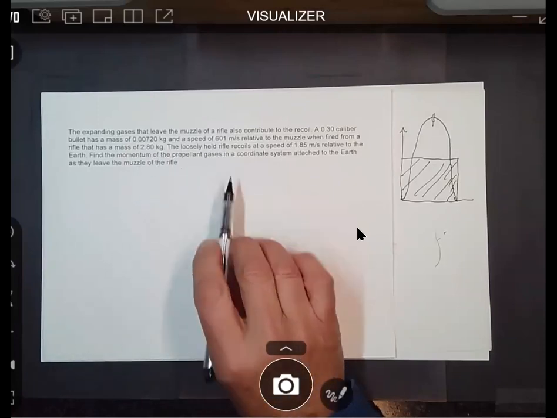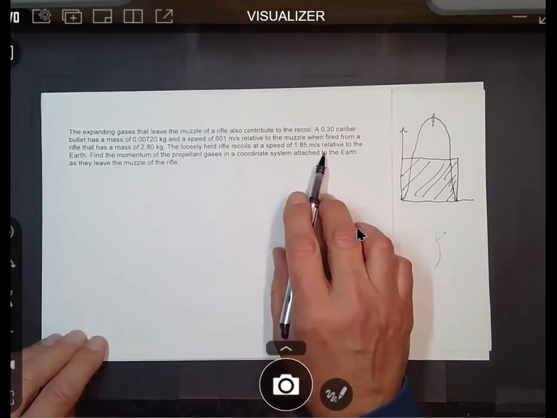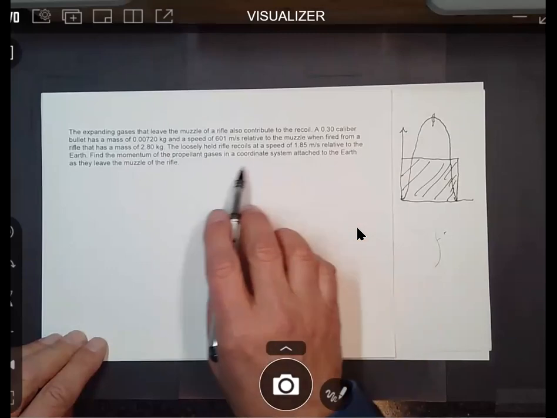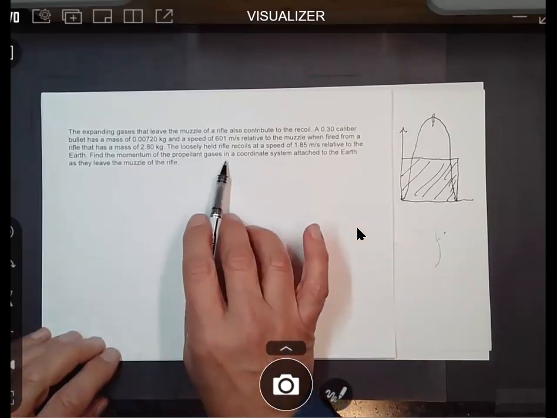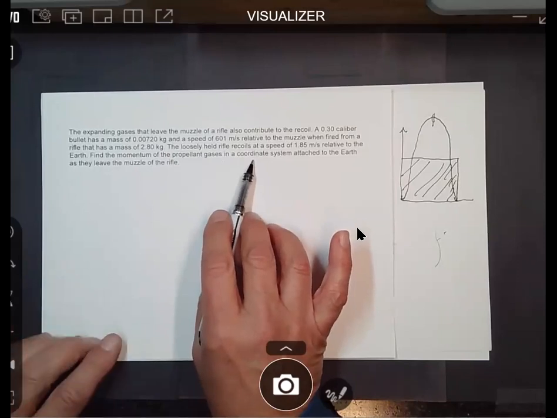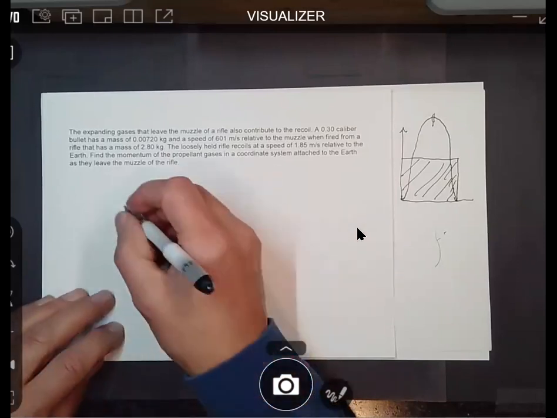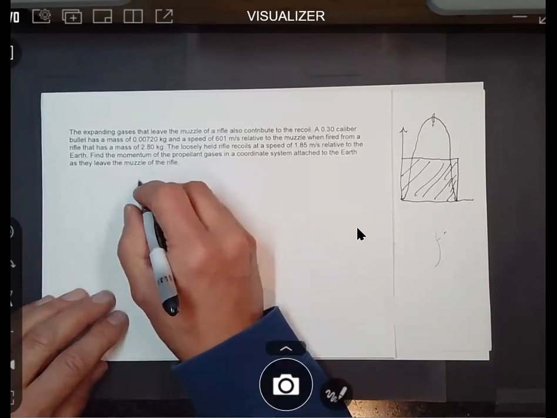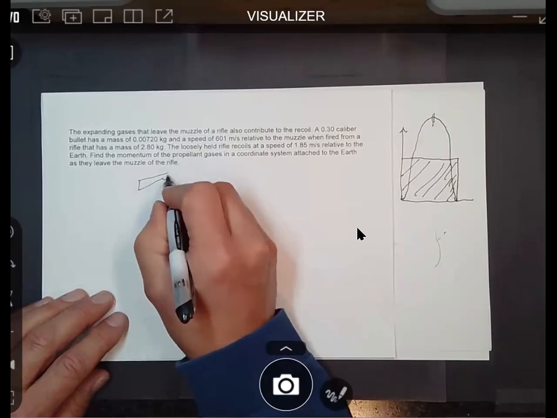The loosely held rifle recoils at a speed of 1.85 meters per second relative to the earth. Find the momentum of the propellant gases in a coordinate system attached to the earth as they leave the muzzle of the rifle. Okay, so here's what's going to be going on here.